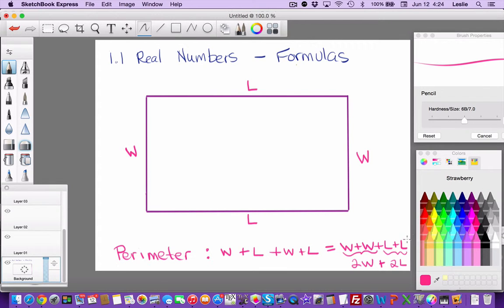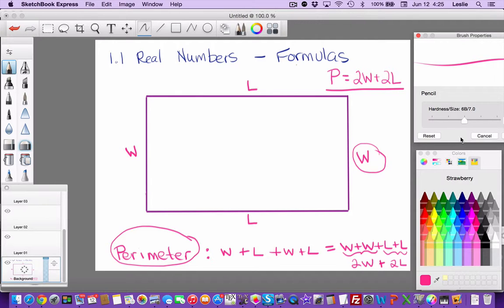Mathematicians tend to be a fairly lazy lot. Just like we chose to use W instead of writing out the word width, I'm going to use the letter P instead of writing out the word perimeter. If I write P for perimeter equals 2 times the width plus 2 times the length, this is what we call a formula for the perimeter of a rectangle.